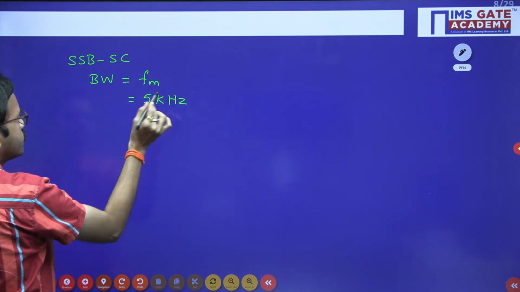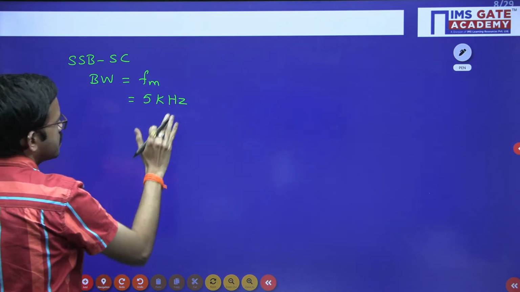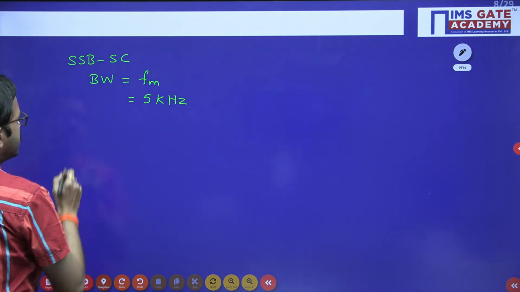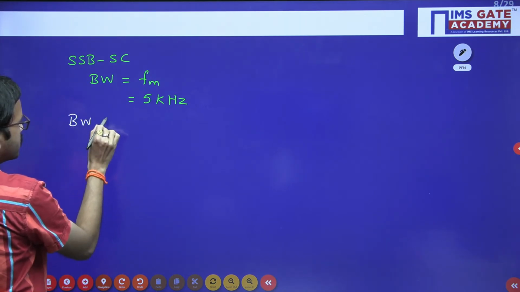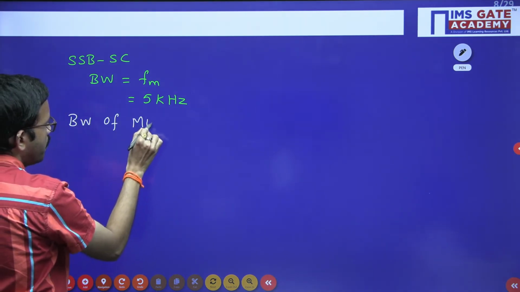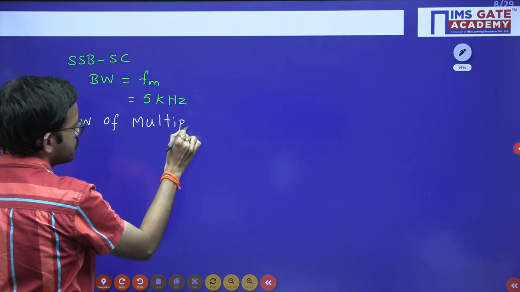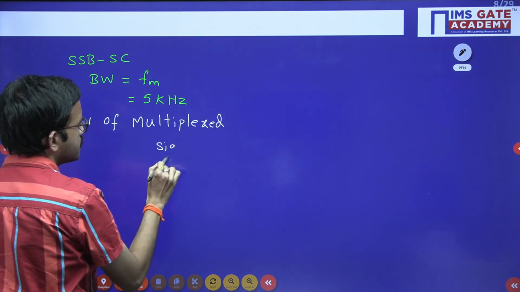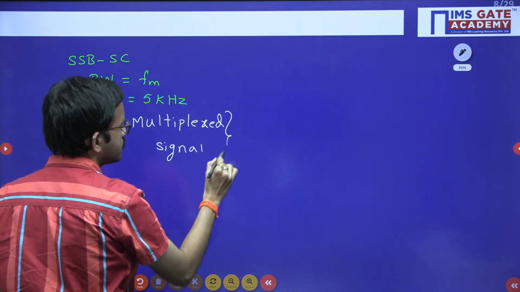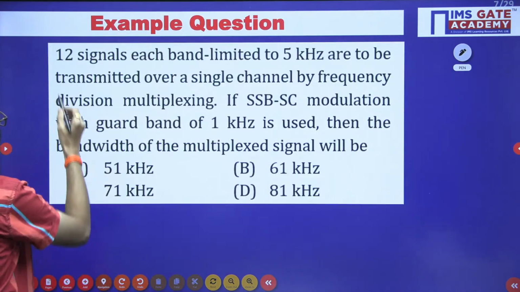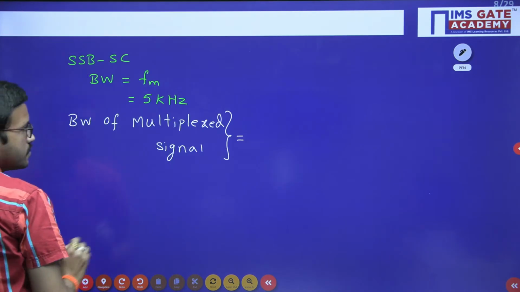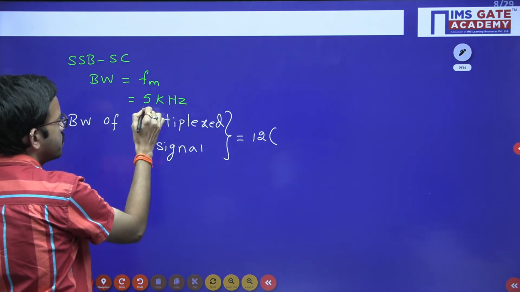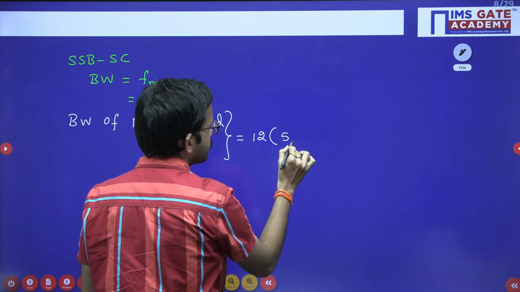Now let us determine the bandwidth of the multiplex signal. Here the total number of signals is 12, and for every signal we require this much bandwidth, 5 kHz.